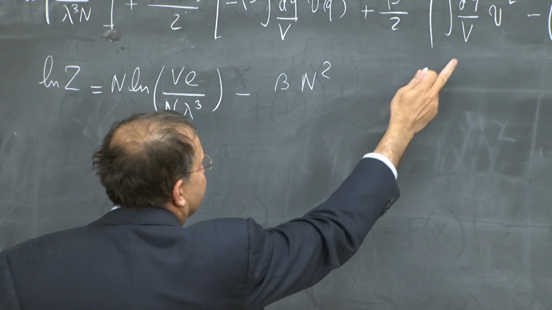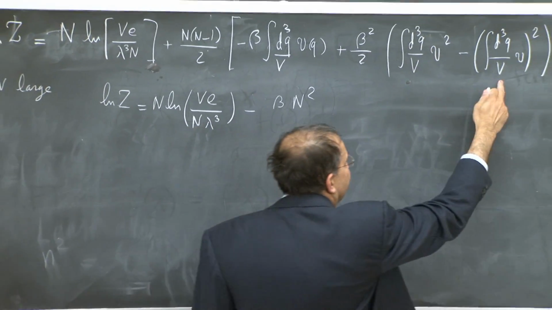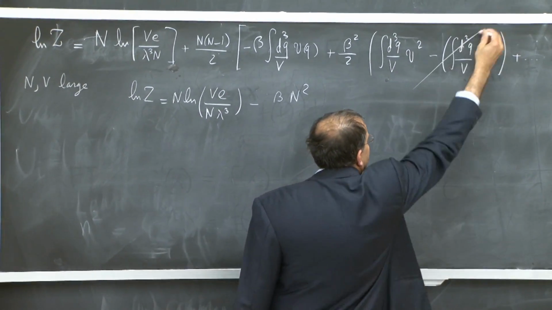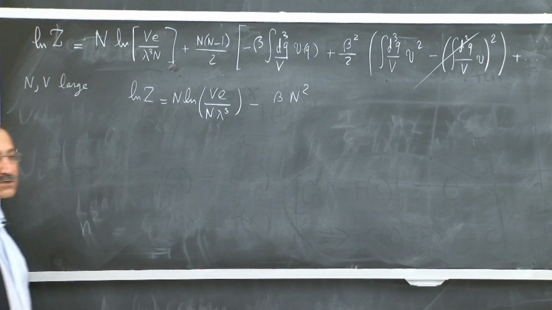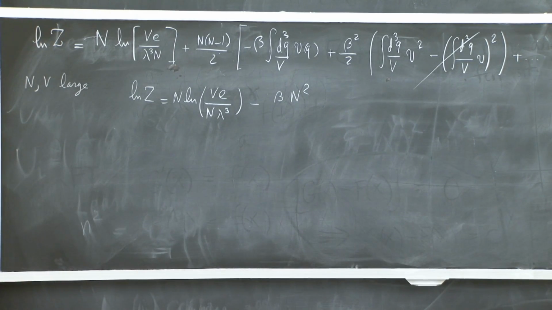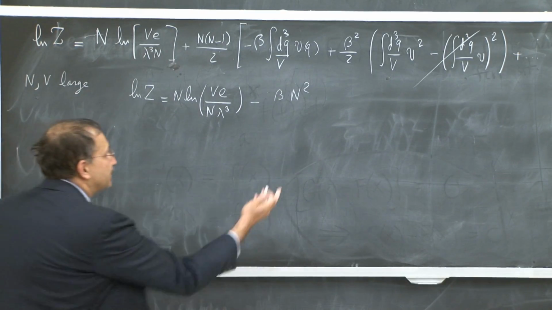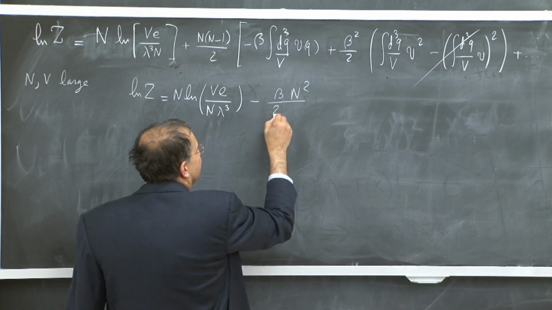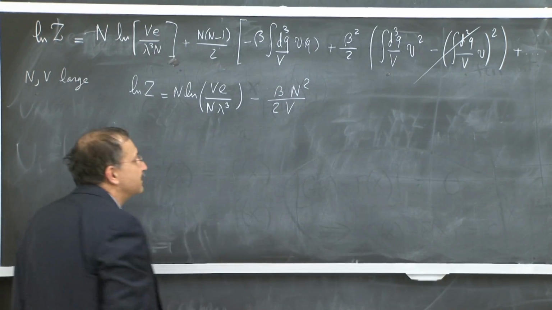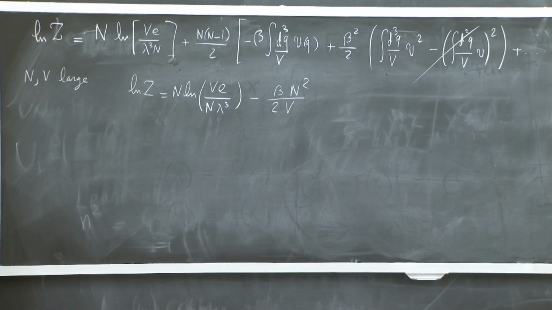Here I have a 1 over v, here I have a 1 over v squared. So this factor is smaller by an amount that is order of v in the large v limit. I will bring the factor of v outside. So I have something like this.